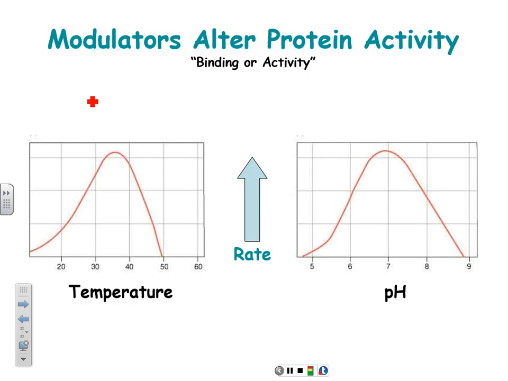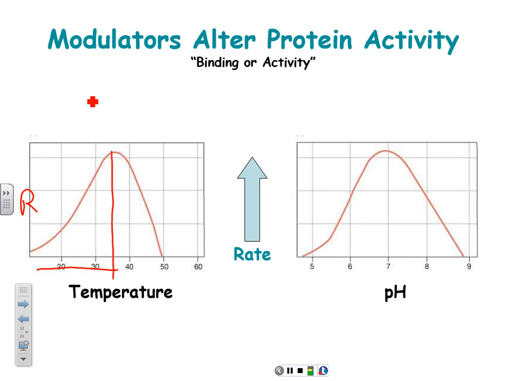Let's take a look at this one. Modulators alter protein activity. We looked at allosteric activation, allosteric inactivation. Now we're looking at the effect of temperature. Temperature is also a modulator. Here we have increasing rate. This is the rate of enzyme activity.